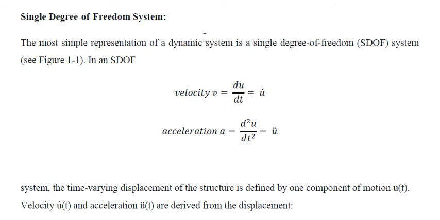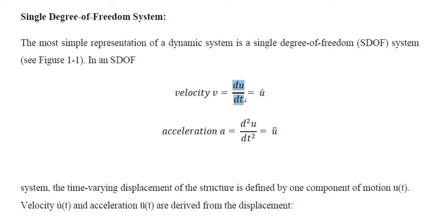Okay, coming to single degree of freedom system. As I told, there are three important variables. One variable is u, which is displacement. Another variable v is velocity. Velocity is the derivative of displacement. It is du by dt.